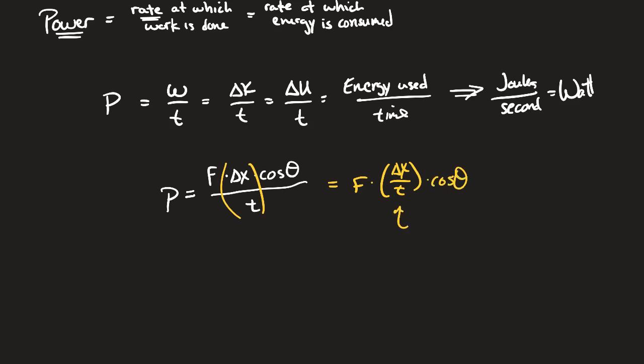And what is delta x over t? Yeah, it's the rate of change of your position, so it's velocity. Force times velocity is another way to calculate power. So, for the tiles being pushed up to the top of the building by the elevator, you might want this version of power. The force is the weight of the tiles, power is the engine. That's how you can figure out how fast they're going up to the top of the building.